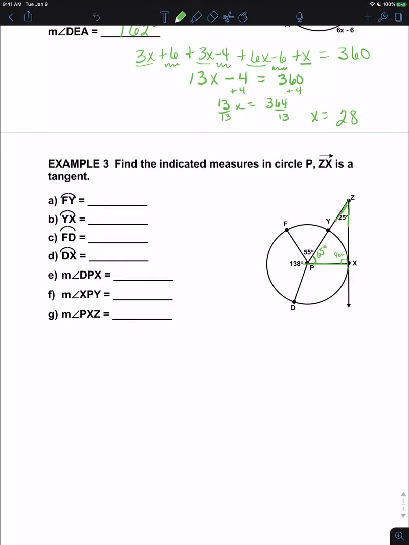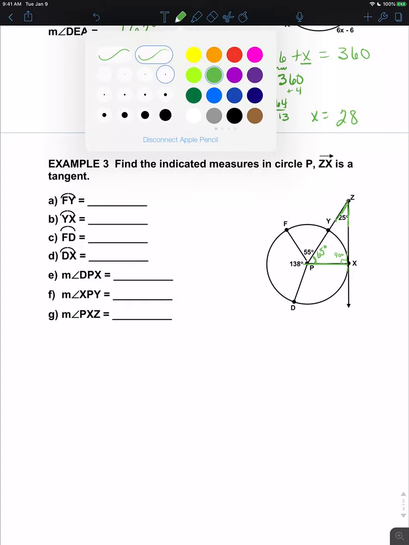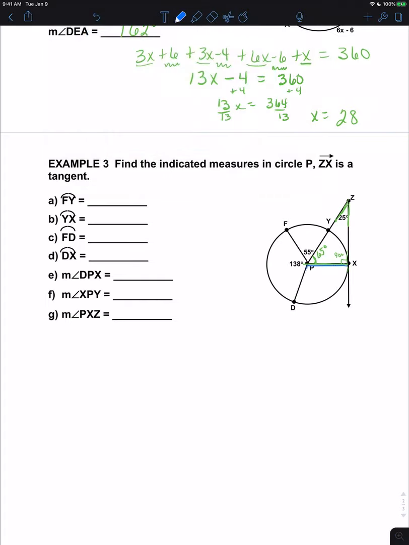Now we can easily find out what this angle XPD is, because it's all going to add up to 360. So 360 minus the 65 minus the 55 minus the 138 should give us that last one: 102 degrees.